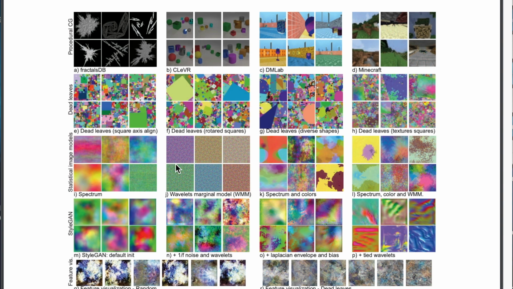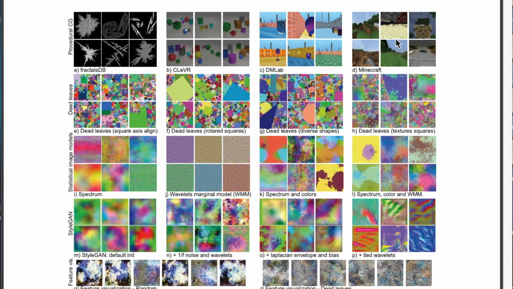Then the spectrum wavelets. I think this is about, say, when you have a Fourier transform of the image, or these color histograms. You have these generative procedures that match these statistics. They have similar sampling frequencies so that they can produce images that match real images when you plot the distribution of frequencies on a Fourier transform or something like that.